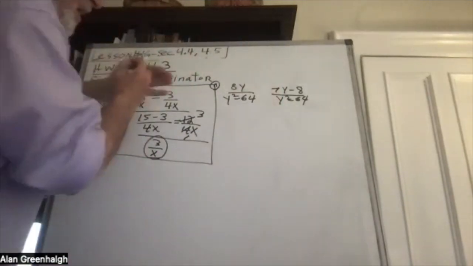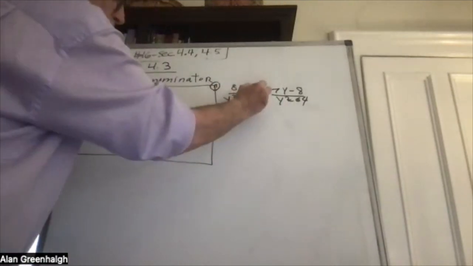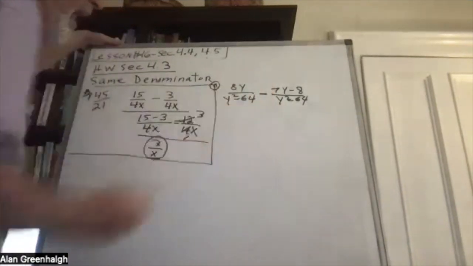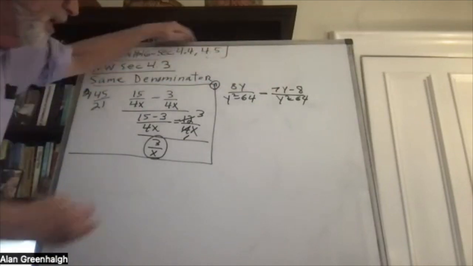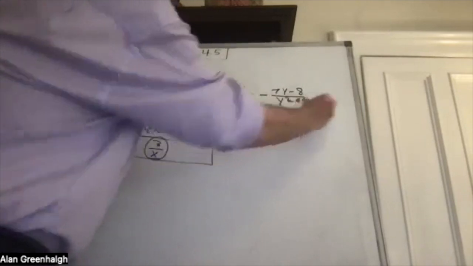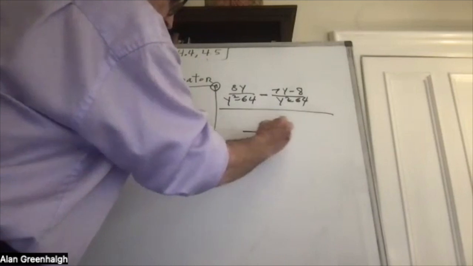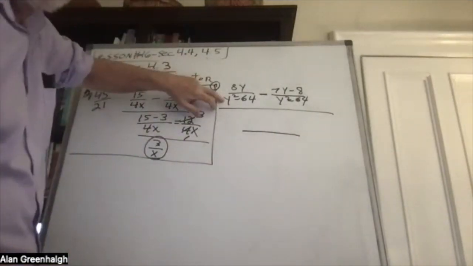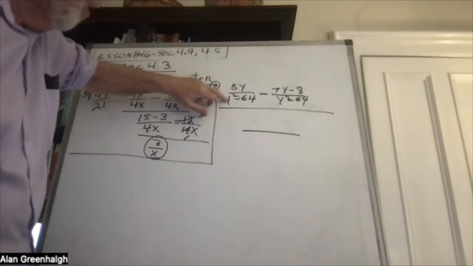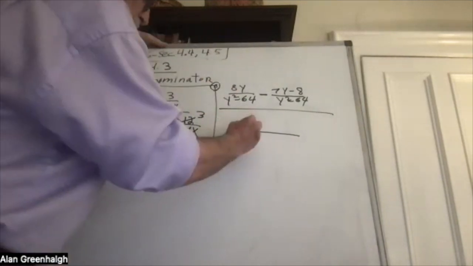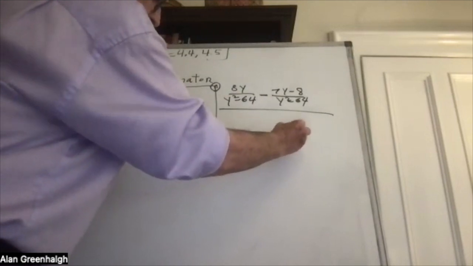That negative sign is kind of out here, and that could be a source of problems. So this is what I would suggest. First of all, the denominators are the same, and I would suggest factoring that. Save some time. The denominator is y squared minus 64, which is going to be y minus 8 times y plus 8.